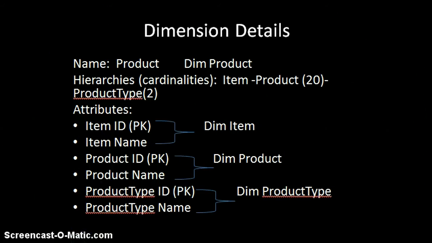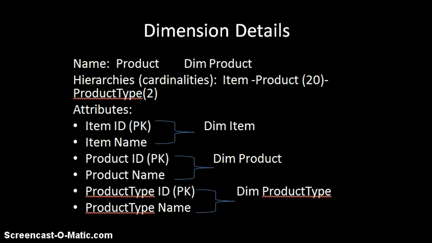Hi, this is Justin Wheeler, and I'll be discussing the dimension details. For the first one, we have product, which deals with the hierarchies of items, product, which we ranged from about 20 different types, and then we have product type, which we have 2.